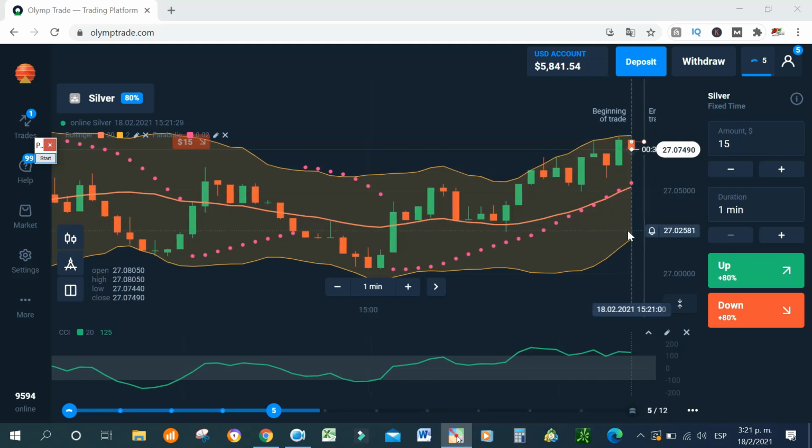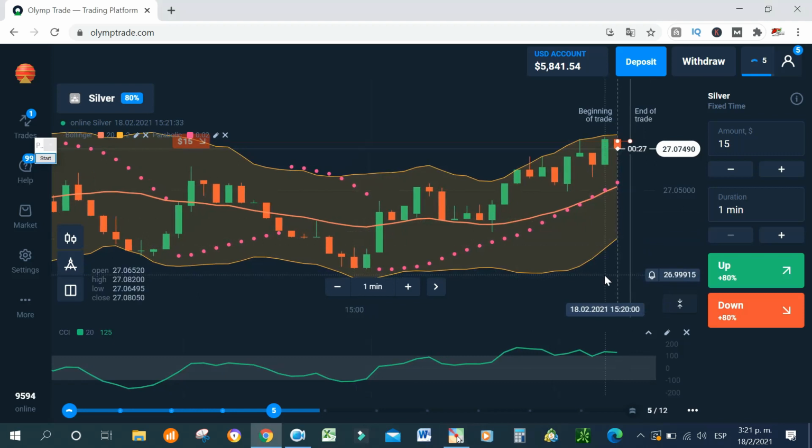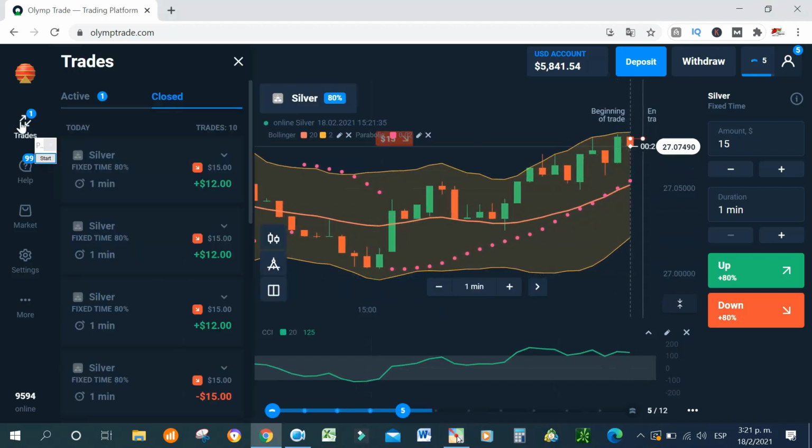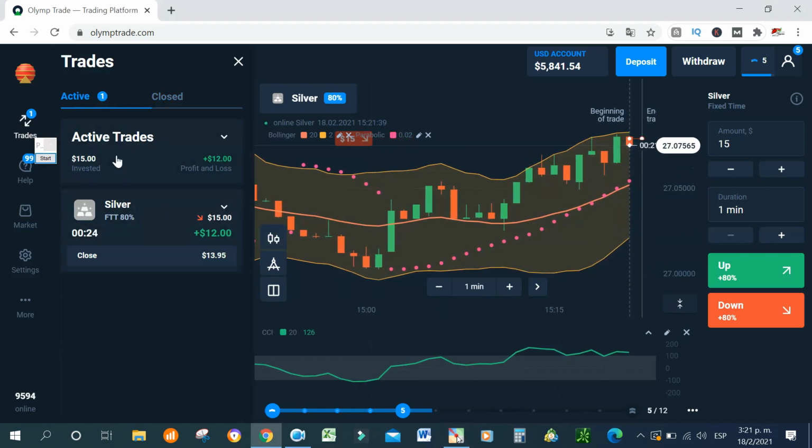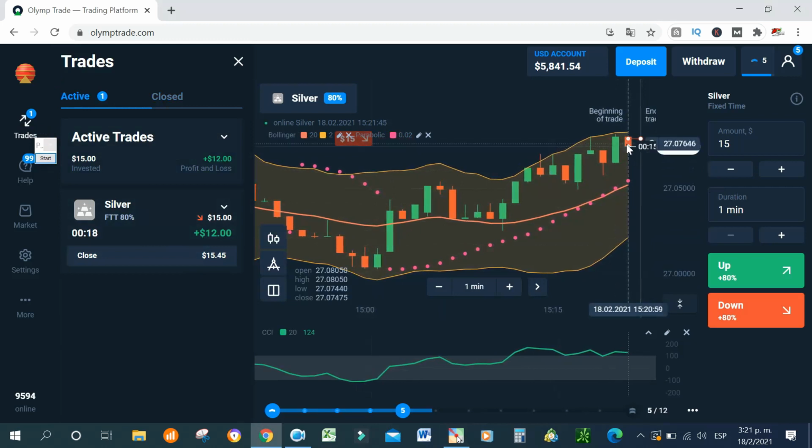But I hope to win this one too. Right. All right. We have 22 seconds left and we are below our entry point, which means that we are winning this trade.